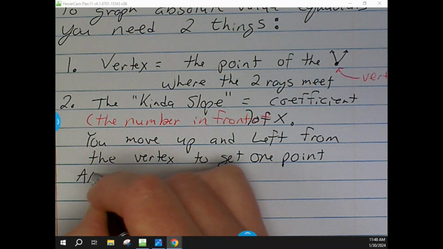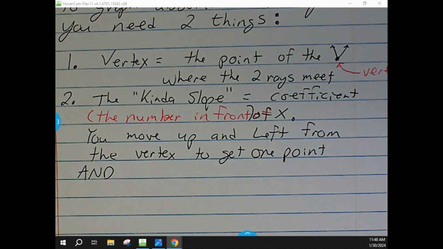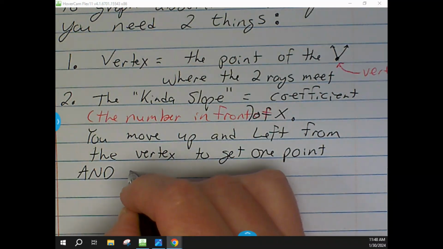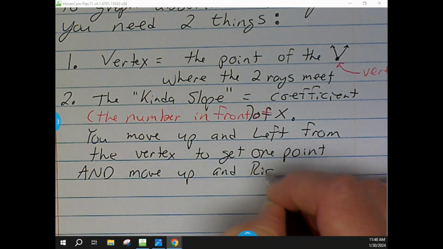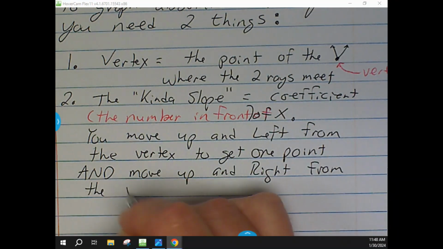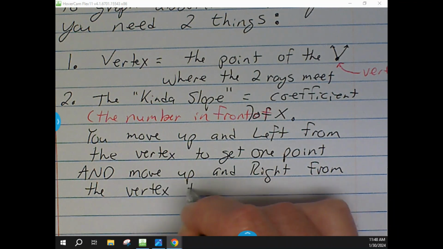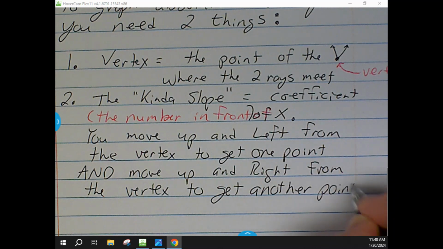Okay. And if we were doing a slope, you would move 1 point left, 1 point right, whatever you can do. This time you have to do it twice. You got to move 1 point up and left from the vertex to get 1 point and move up and right from the vertex to get another point.